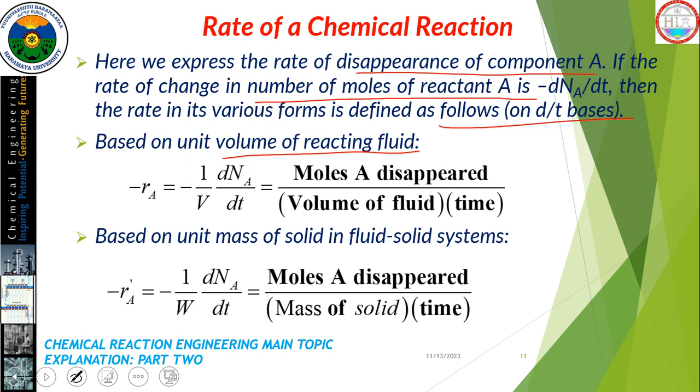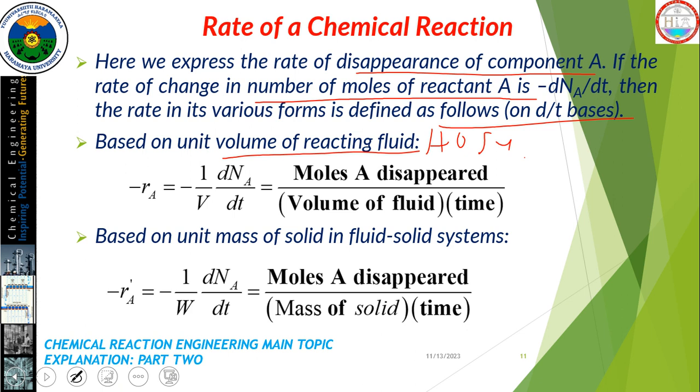So the rate of the reaction is minus 1 over V dNA by dt, which means moles of A disappeared divided by volume of the fluid times time. This is normally for homogeneous systems.